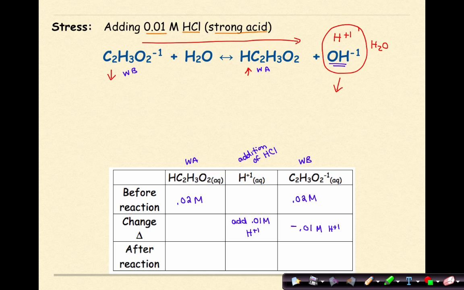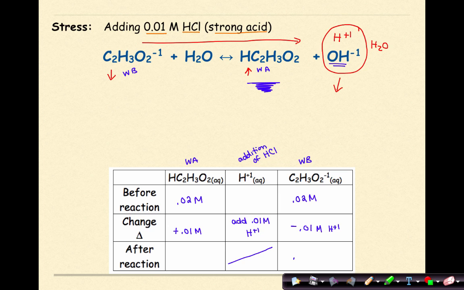As a result, as we can see above, my concentration of my weak acid has increased. So I'm going to say plus 0.01 molar to my weak acid side, because again, we can see from this shift over to the product side of this equilibrium, my weak acid has increased. As a result, all of the hydrogen ions are consumed.